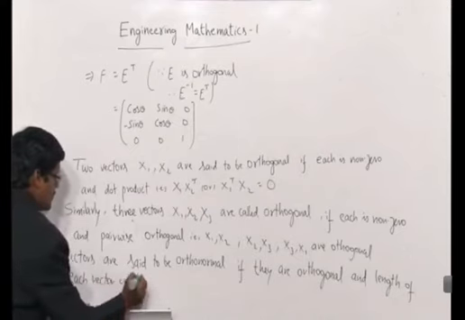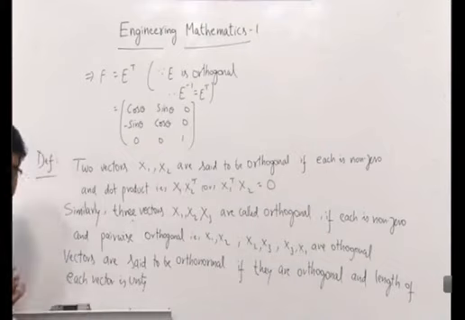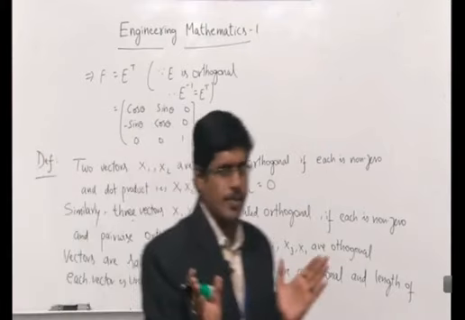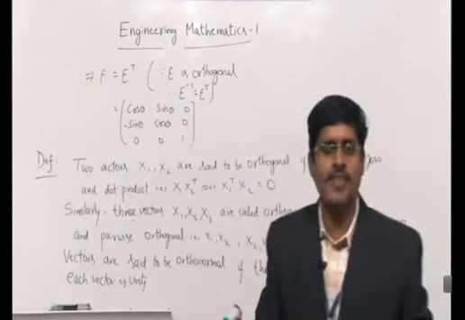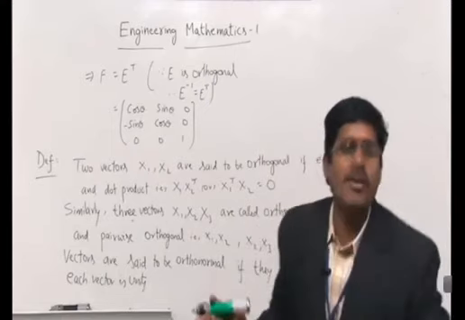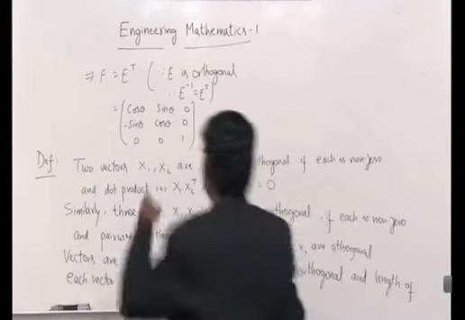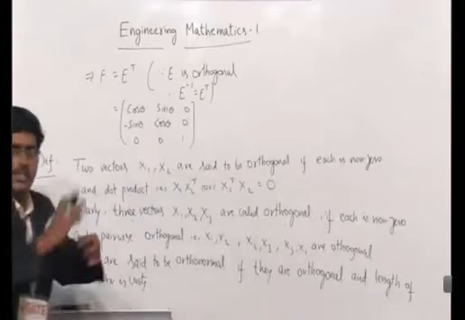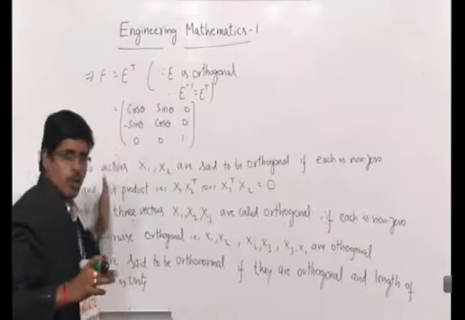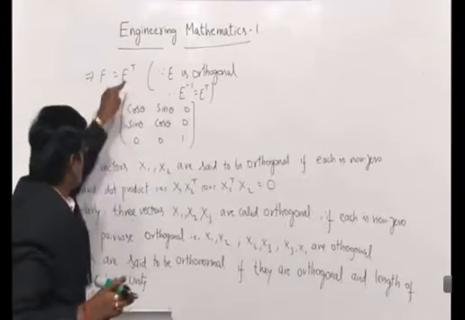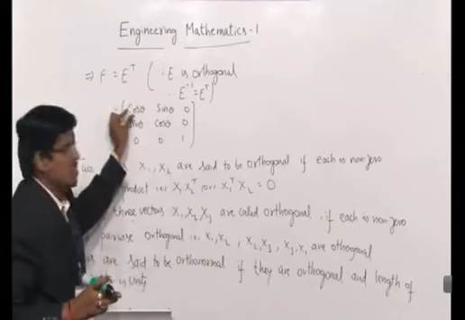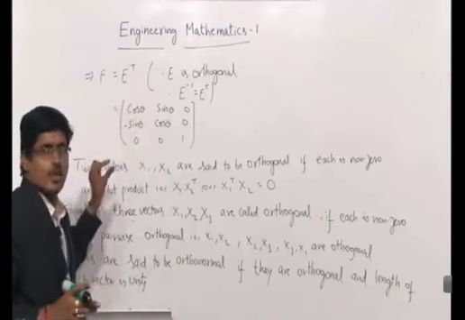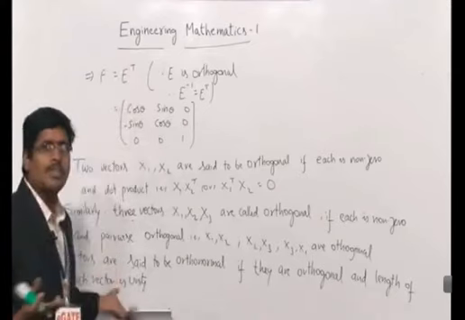Just comparing this with vector algebra, you know how to find dot product between two vectors. You know how to find the length of a vector: square root of the sum of the squares of the elements. Take any row or column. How to find the length of a vector? Square root of sum of the squares. For example, take the first column. What are the squares? Cos square plus minus sin theta whole square plus 0 square. How much does it give? 1.